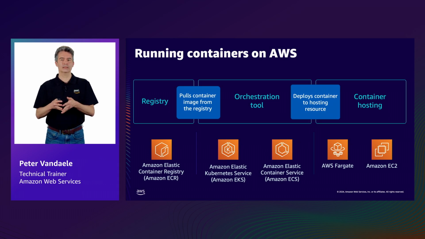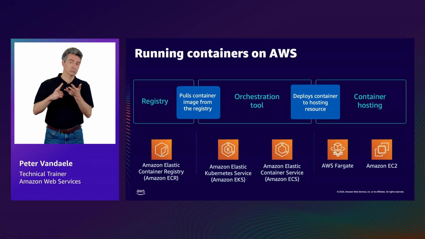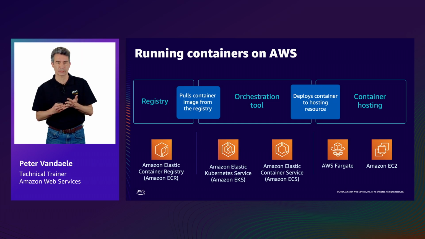Now in this slide, we will look at the services that are involved in deploying a container. First step, the registry. When you develop containerized applications, you build a container image that holds everything needed to run your container. As we saw in our Lightboard session, this includes the application code, the runtime, system tools, system libraries, and some settings.